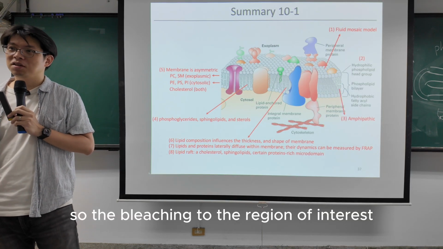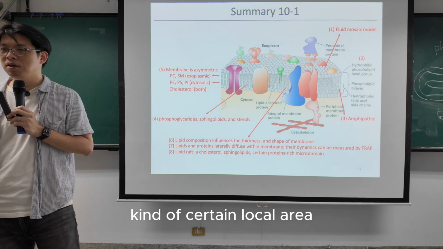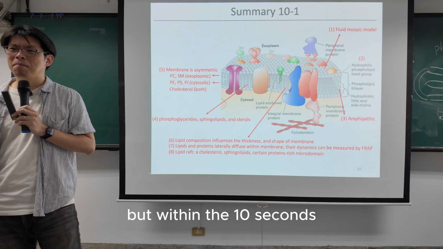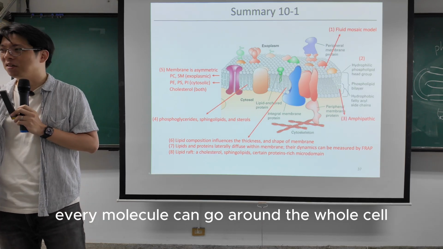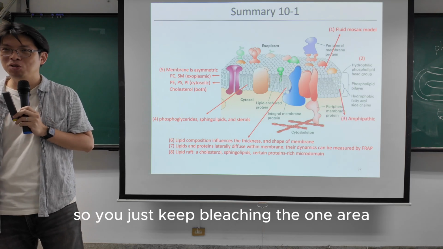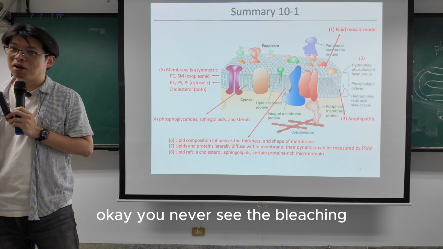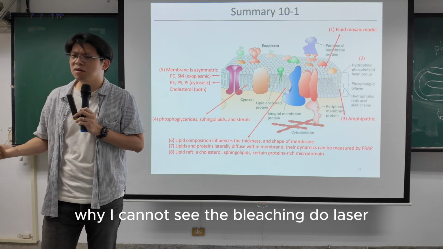So bleaching a region of interest, a certain local area, takes about 10 seconds. But within those 10 seconds, every molecule can go around the whole cell. So if you keep bleaching one area, they recover during the photobleaching. Okay, you never see the bleaching. Why can I not see the bleaching?